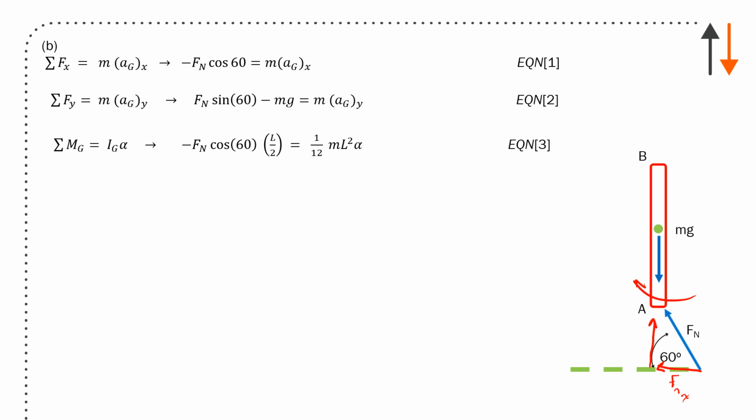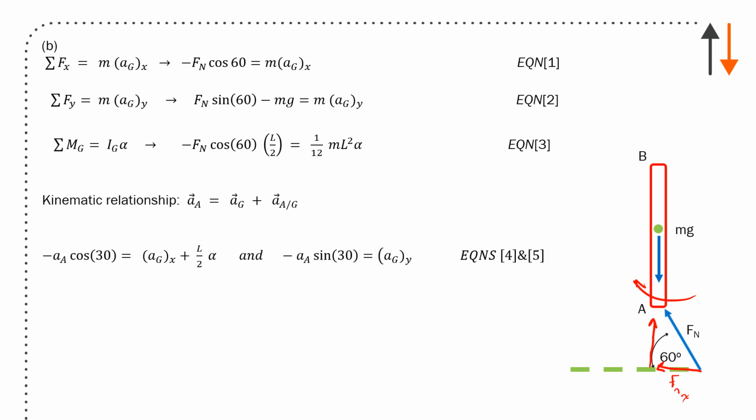That is equal to 1/12 m L squared alpha, and you need to know that the moment of inertia is 1/12 m L squared for a long slender rod. This is something that should be on your crib sheet, and you recognize it right away. You can then break it down into acceleration a_A.